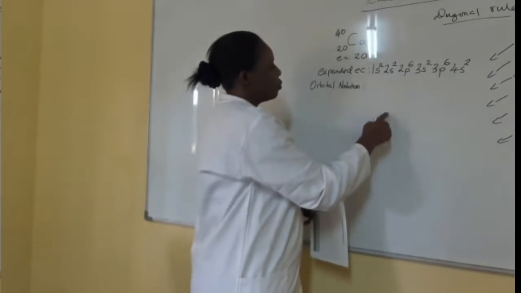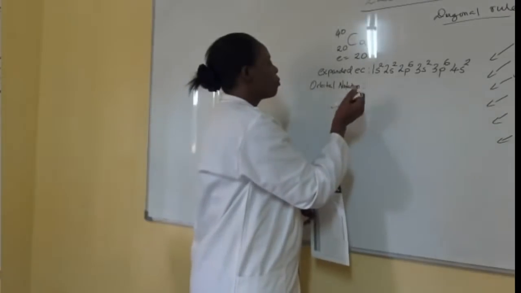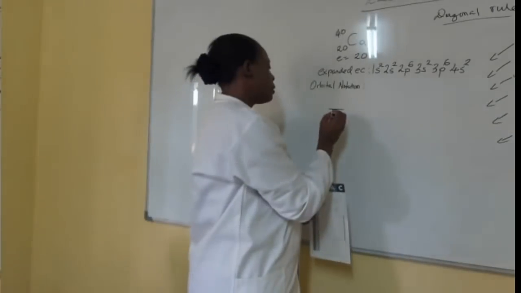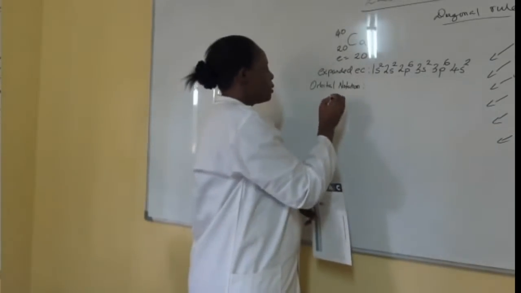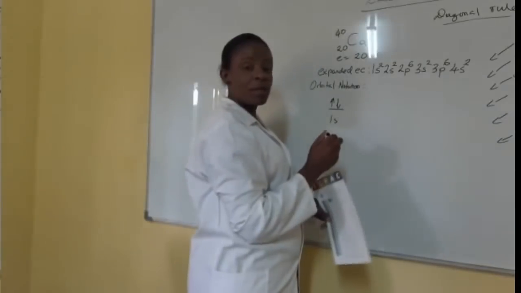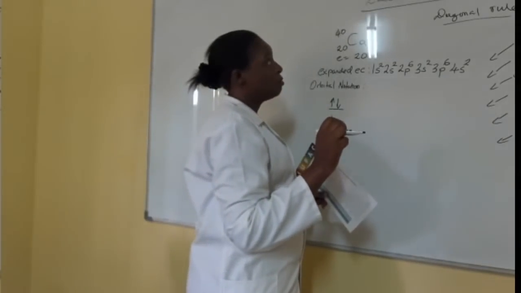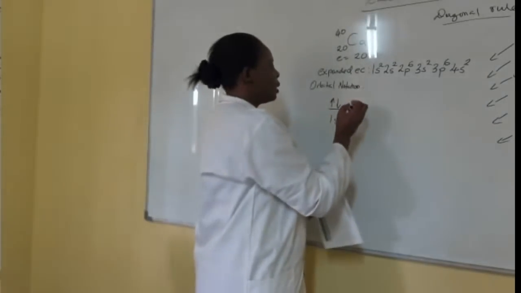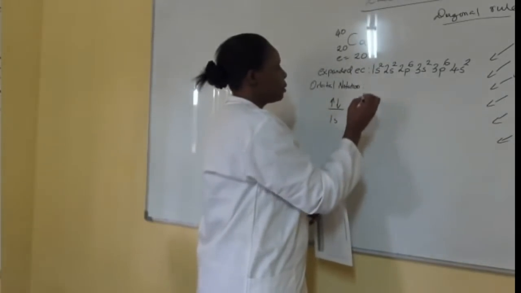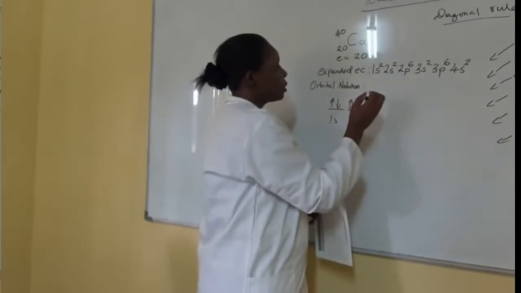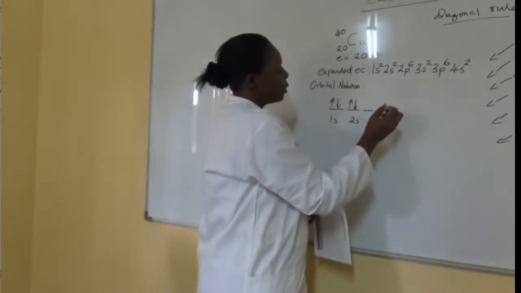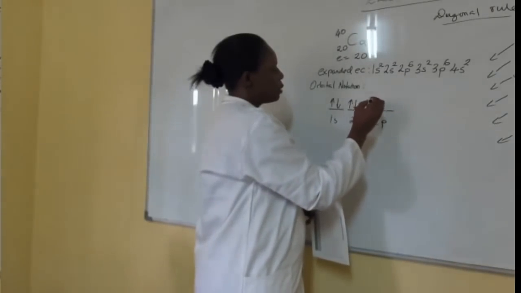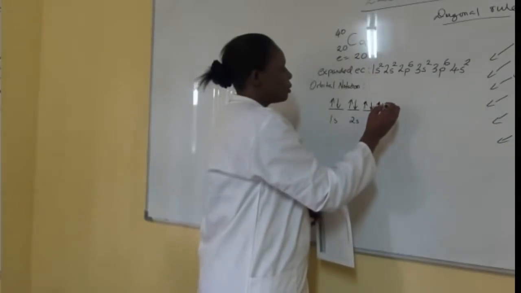Okay, so the first one is the 1s orbital. There's 2 electrons following the 3 principles I earlier alluded to. Then we have the 2s. There's 2 electrons. Then you have the 2p. There's 6 electrons.